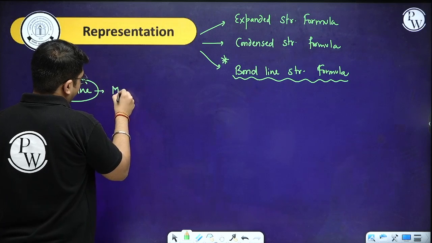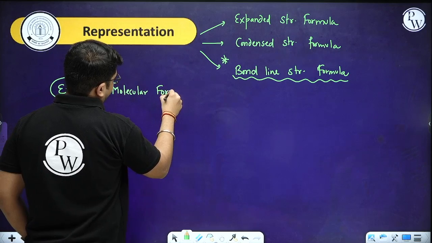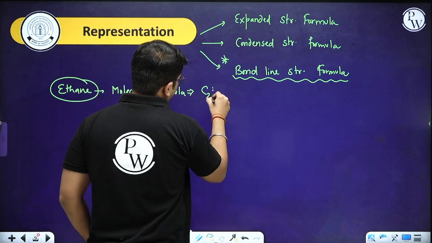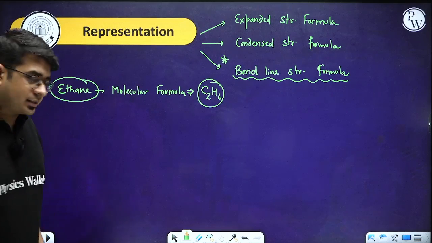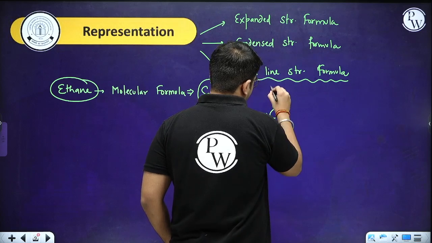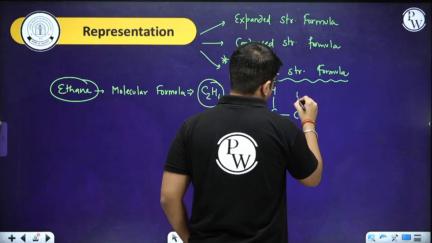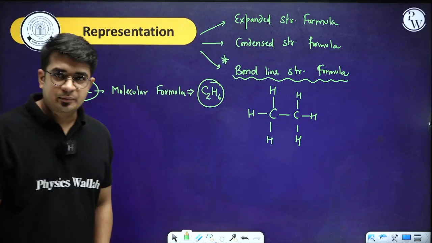Its molecular formula is C2H6. Now I can expand this entire part: CHHH, CHH as well as H.